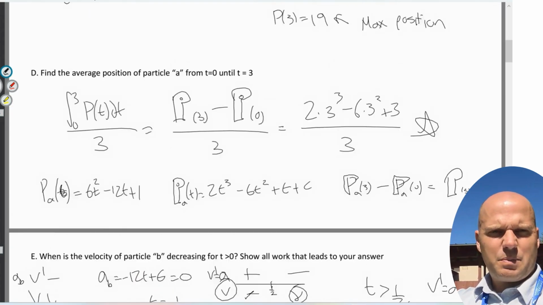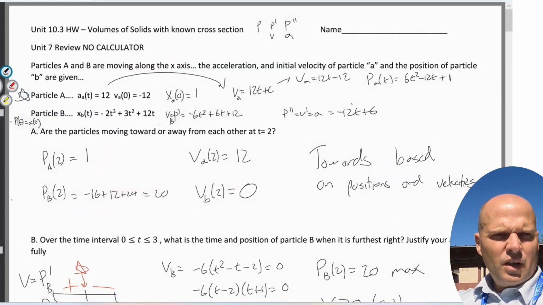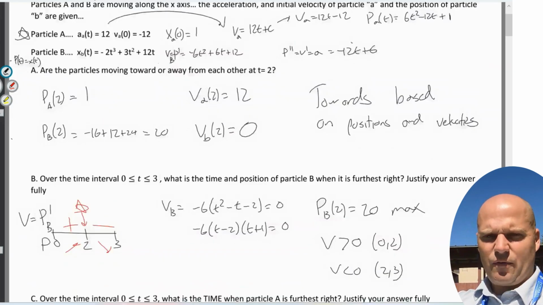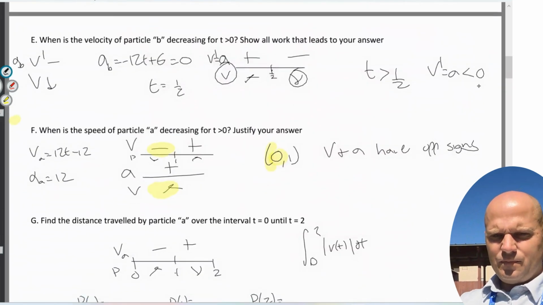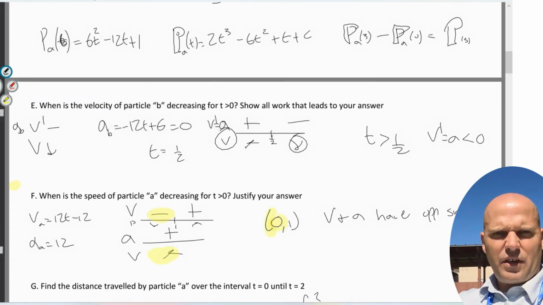So particle A, its position at time 0 was 1. At 1, it'll be negative 6 plus 1, which is negative 5. Then I found it at 2.